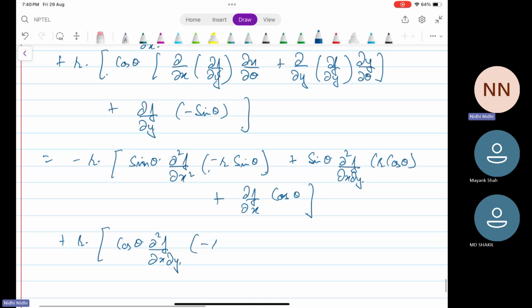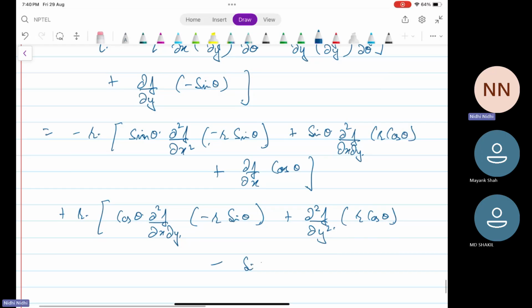Del x by del theta is minus r sine theta plus del 2f by del y square. Del y by del theta is r cos theta minus sine theta del f by del y.